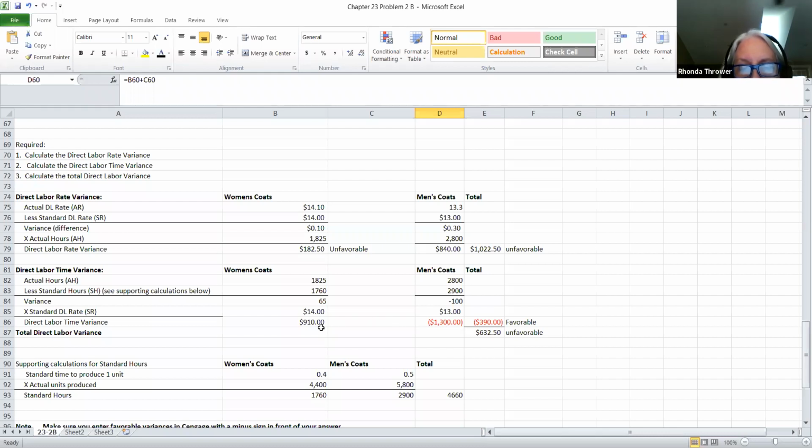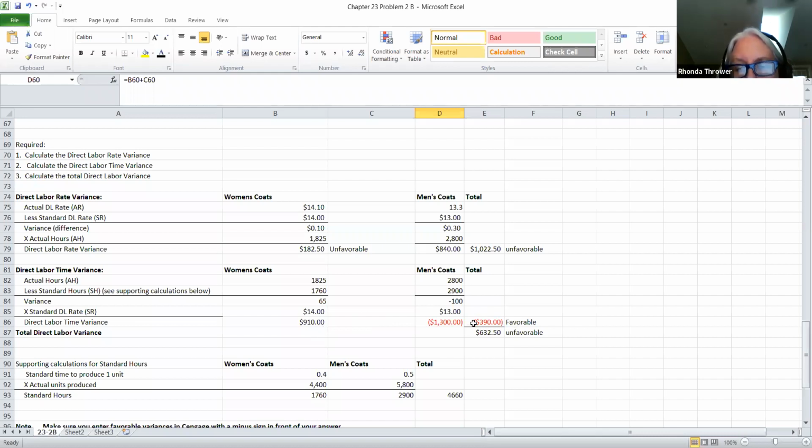You have to combine your women's coats and your men's coats together to get the total favorable variance. That's your time variance here. Notice it popped up in red in this situation, but this is favorable and it's negative. Notice it's got parentheses around it.